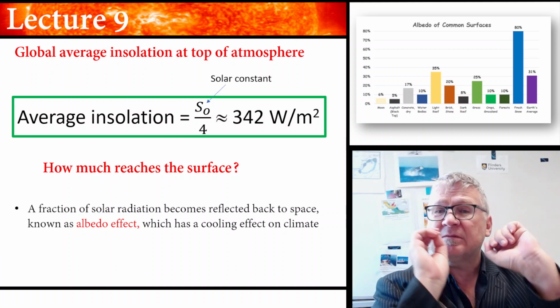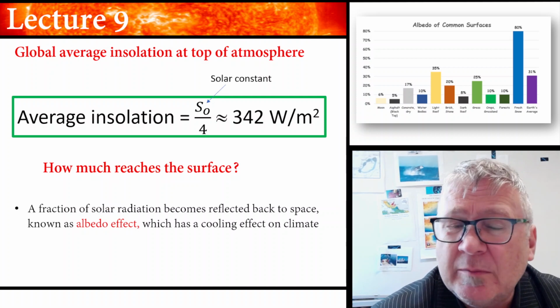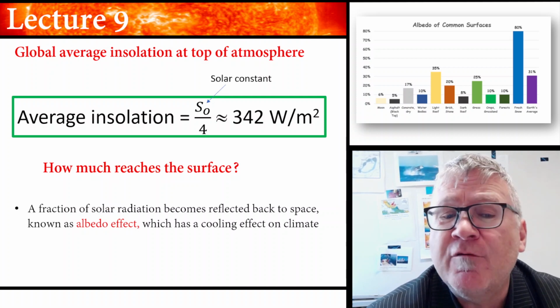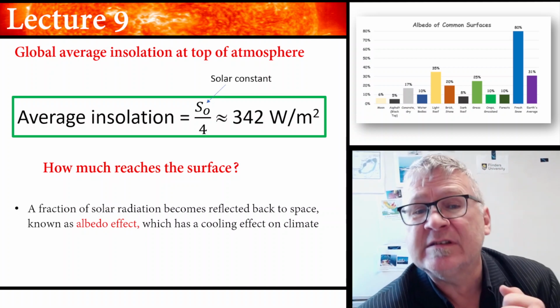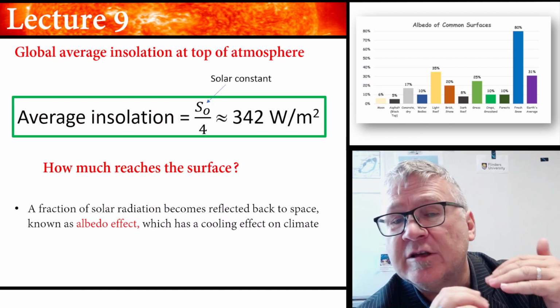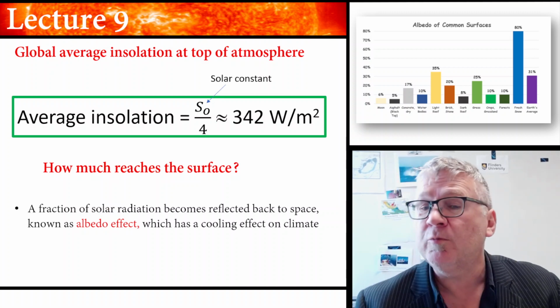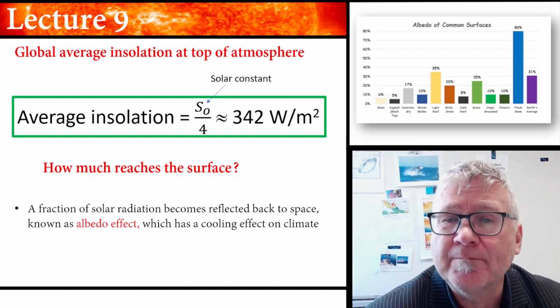So the storyline of this lecture is, we worked out the average insolation at the top of the atmosphere. This is the average amount of solar radiation that reaches the top of the atmosphere, and we worked out that this is 342 watts per square meter.